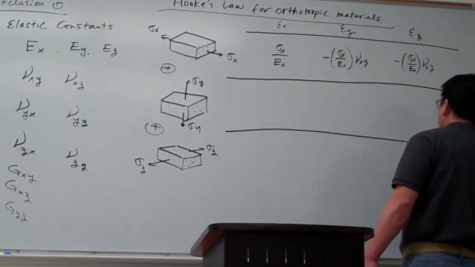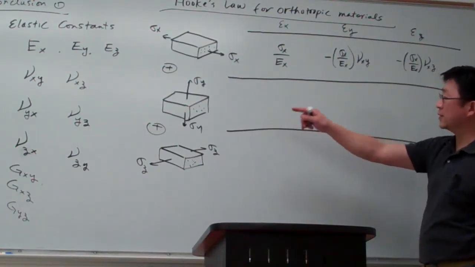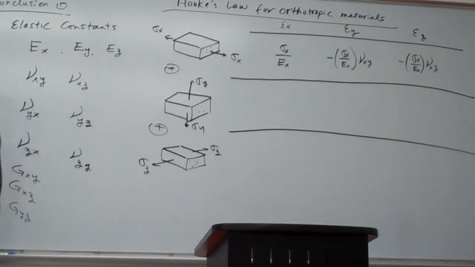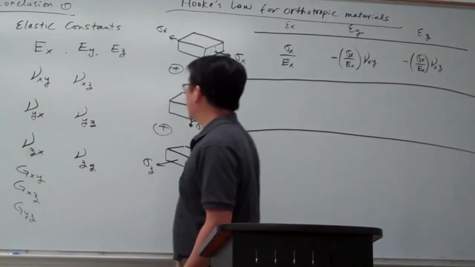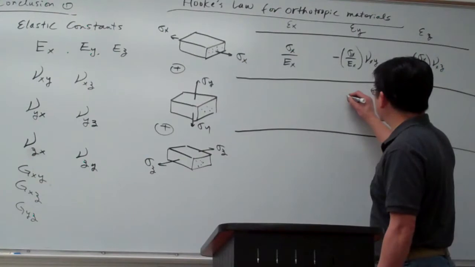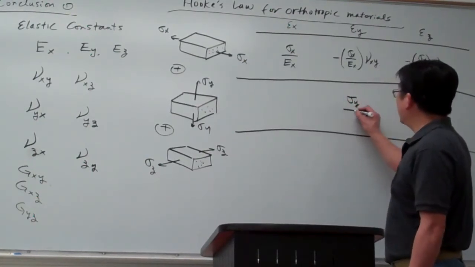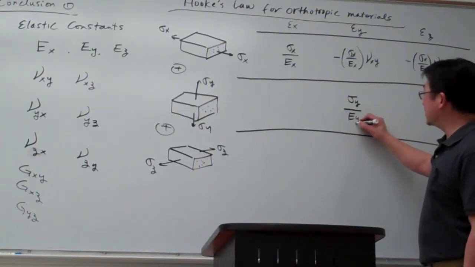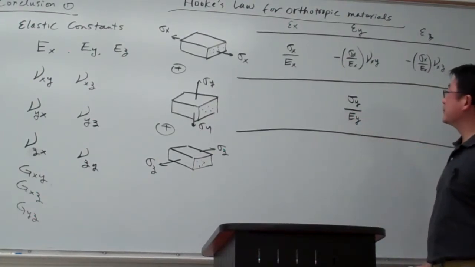And now for the second case, we fix the axial strain. The axial strain right now for the second case is in the y direction. So in the y direction, this should be written as sigma y divided by Young's modulus, Ey. In general, that shouldn't be equal to Ex. Good.